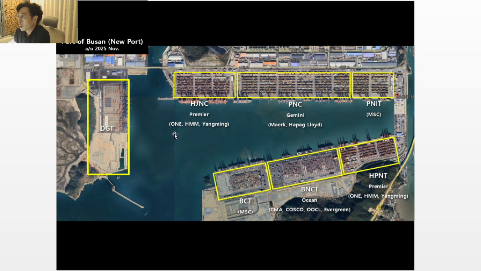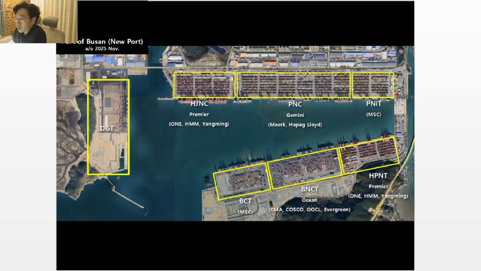Actually, we have one more terminal here, but what I'm going to explain is the exclusive container terminals only. So 7 container terminals are operating, and one is a multi-purpose terminal, for break bulk or PCC, I mean pure car carrier. So bulk carriers are using this terminal.